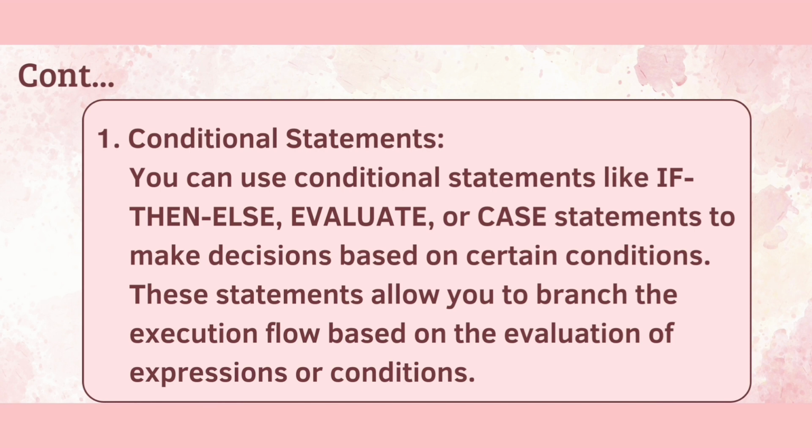Number 1. Conditional statements. You can use conditional statements like if, then, else, evaluate, or case statements to make decisions based on certain conditions. These statements allow you to branch the execution flow based on the evaluation of expressions or conditions.